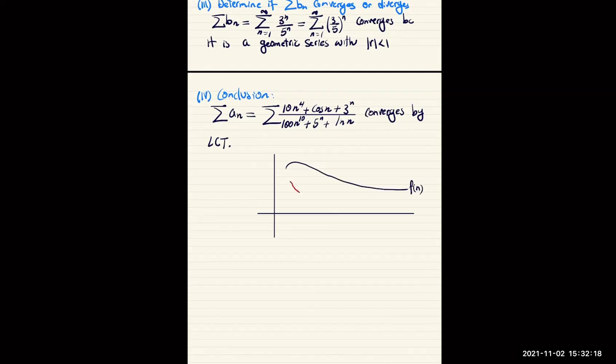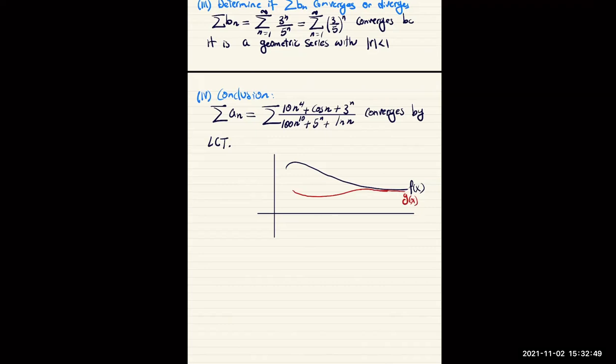So what happens is that as n increases, or as x increases, let me just call it x, we have f of x and we have g of x. As x increases, the two functions basically behave the same way. They approach one another.